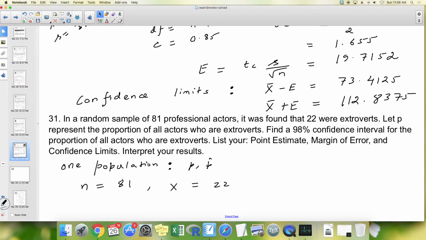So p hat shall be x by n, which is 22 divided by 81, which equals 0.2716.